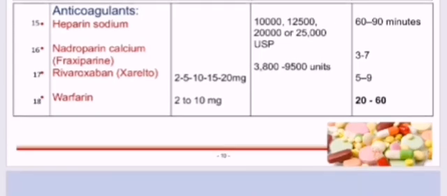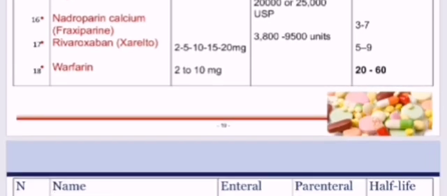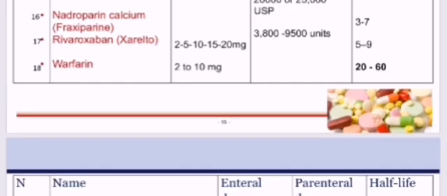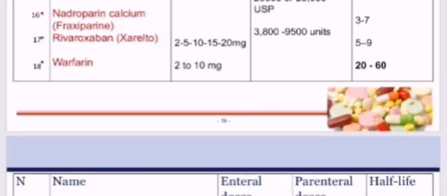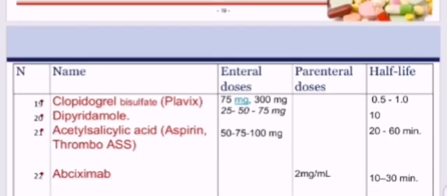Half-life 3 to 7. Rivaroxaban, Xarelto 2.5, 10, 15, 20 milligram. Half-life 5 to 9. Warfarin 2, 5, 10 milligram. Half-life 20 to 60.